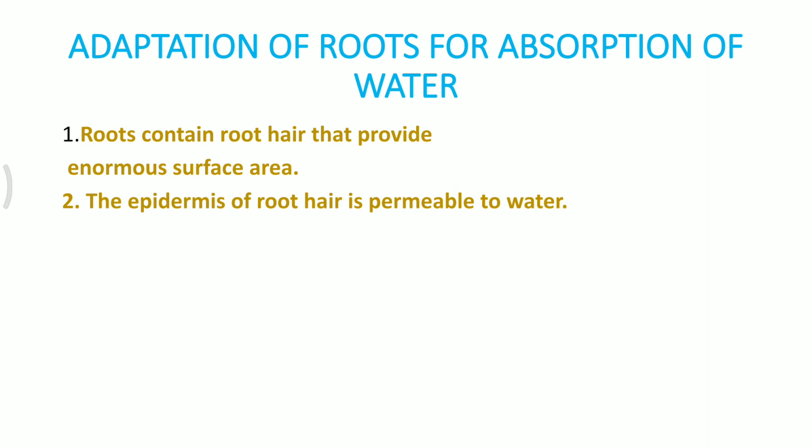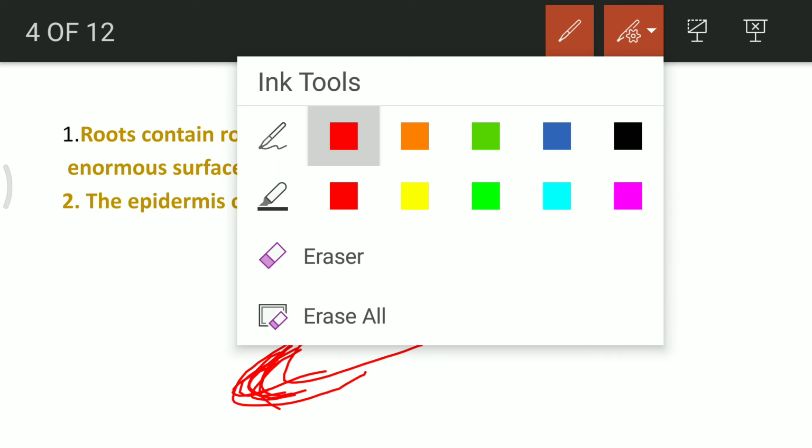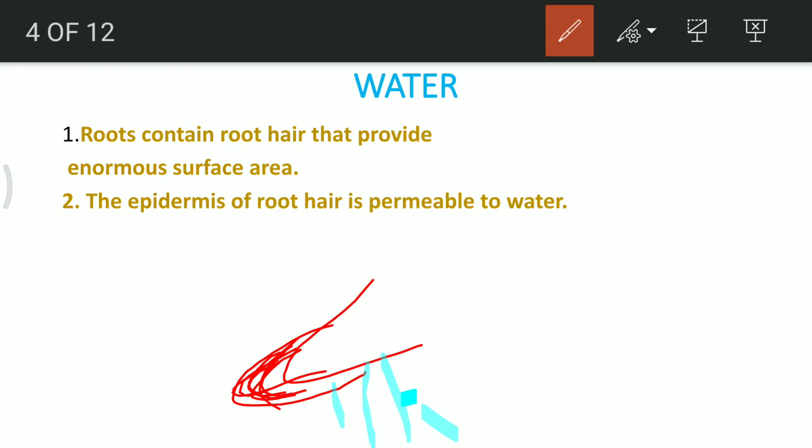And even the root tips, if you have an idea about them, this is the root cap. It is very hard and tough, and it helps in moving deep inside the soil, going to the deeper extensions of the soil, whereas the root hairs are present at these areas, and each root hair will bifurcate to form several more root hairs.